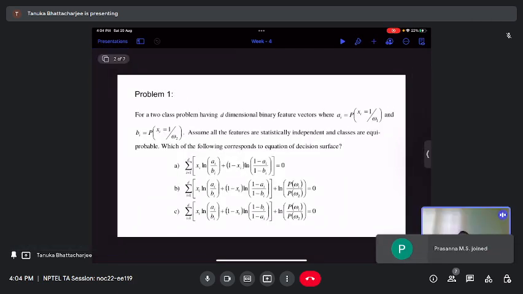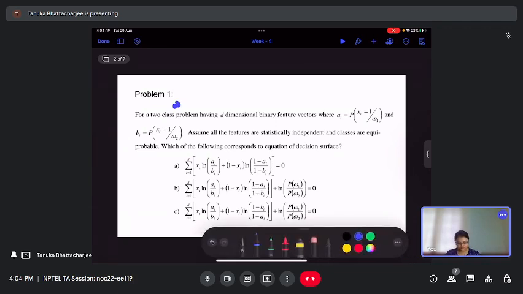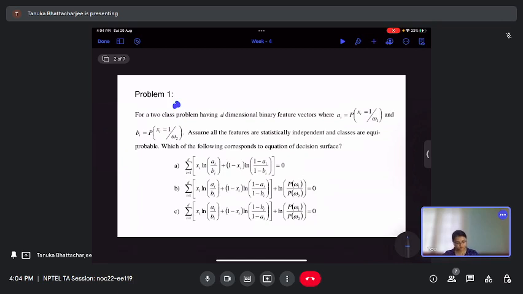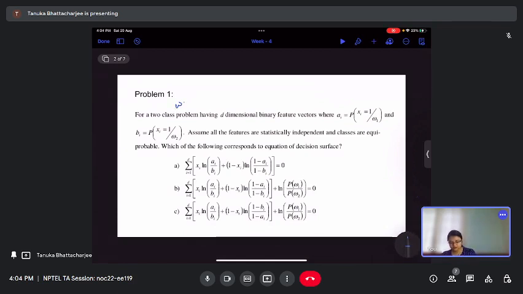You can see that the problem says that we are concerned with a 2-class problem. The classes are omega 1 and omega 2, and we have a d-dimensional binary feature vector.